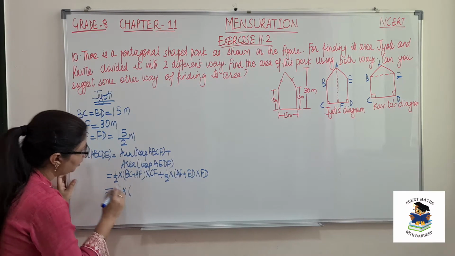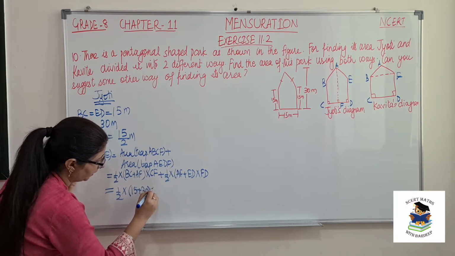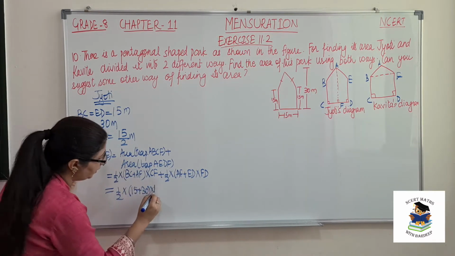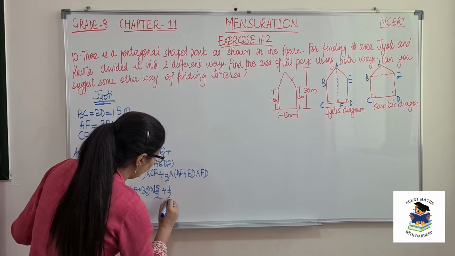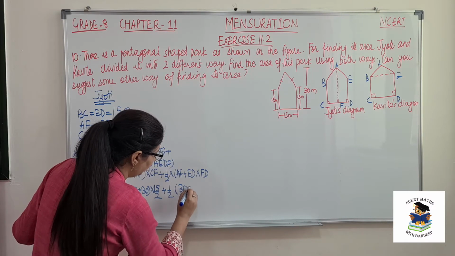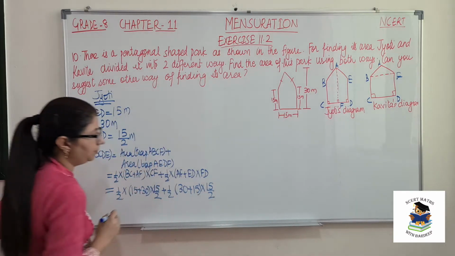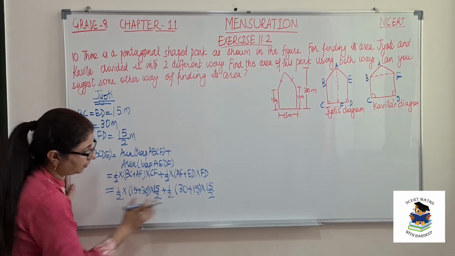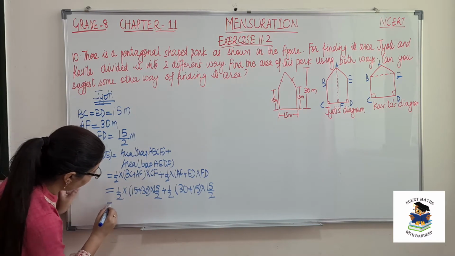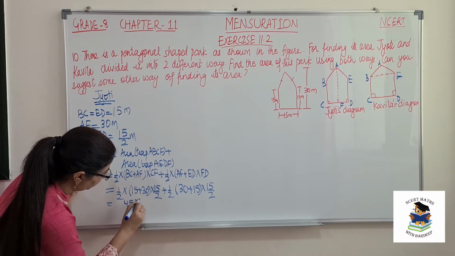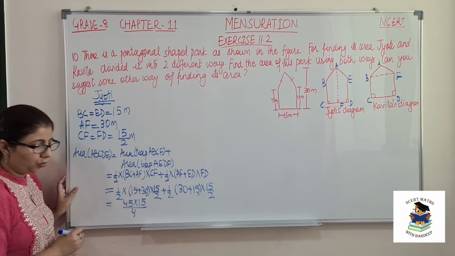Half into BC is 15, AF is 30 and CF is 15 by 2. Again half into AF is 30, ED is 15 and FD is 15 by 2. So here we can see we are having the same values. So this is 15 plus 30, that is 45, into 15 over 2 into 2 is 4.